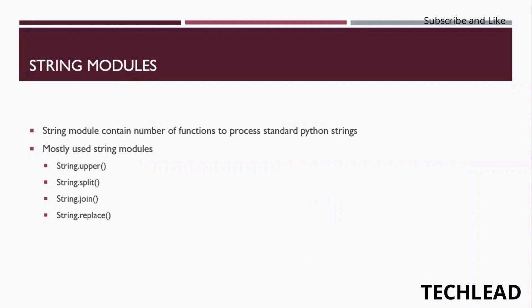String modules. The string module contains a number of functions to process standard Python strings. You can see some examples regarding the most used string modules. String.upper means if we want to get the text in uppercase, we must mention string.upper and, inside the parentheses, the text that we want in uppercase.